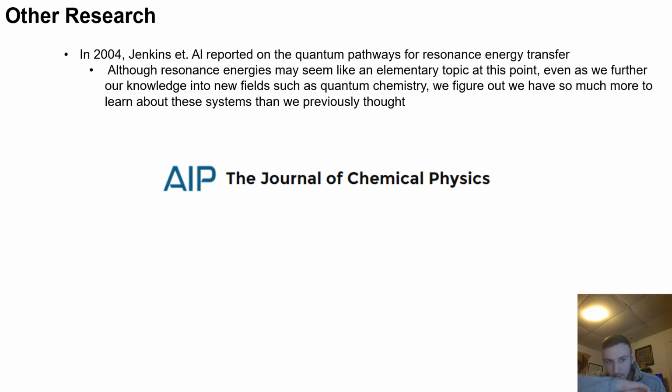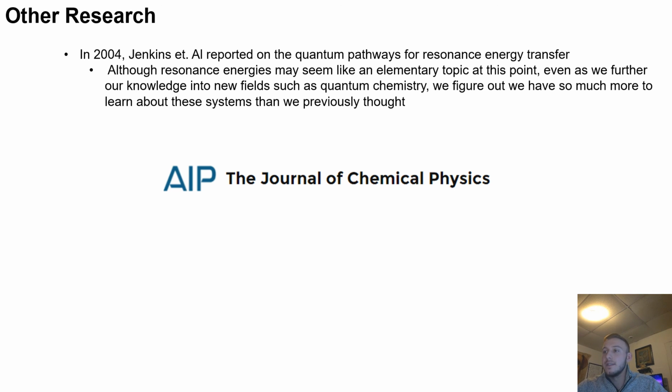So after reading this abstract, we can determine that although resonance energies may seem like an elementary topic at this point, we're just measuring some fairly simple thermodynamic data through calorimetry, even as we further our knowledge into the new fields of chemistry, such as quantum chemistry, we figure out that we have so much more to learn about these systems than we had previously thought.